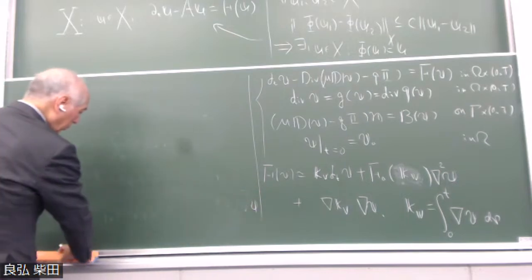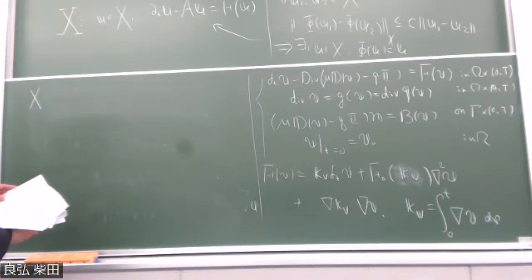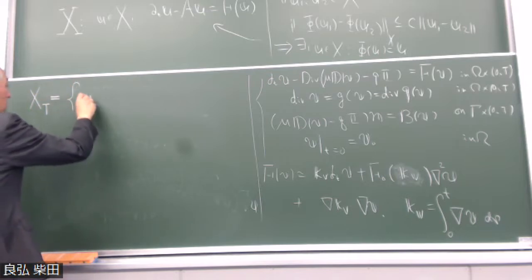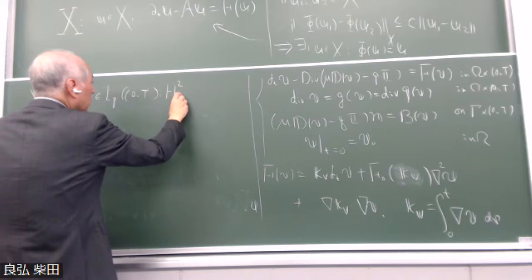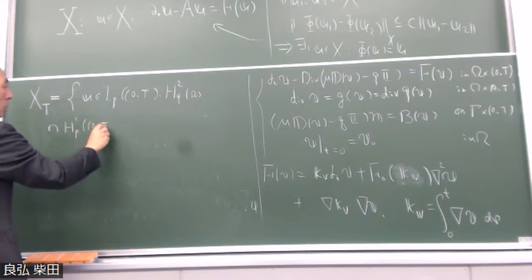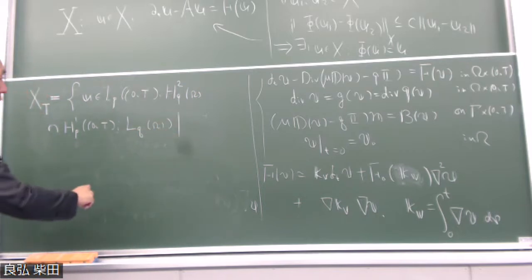Then the first task is the underlying space X. In our case, let's say X_T is the space of u in L_p(0,T; W^2_q(Omega)) intersection with the space with L_q, our standard solution class.